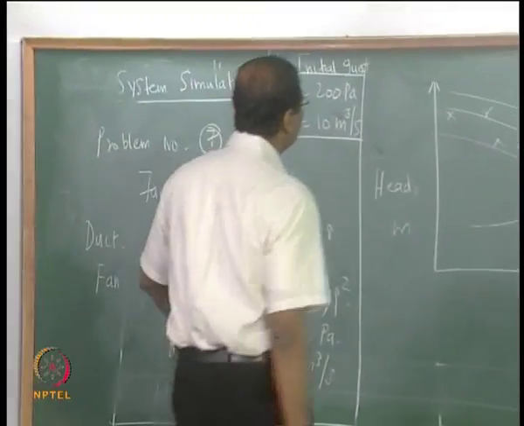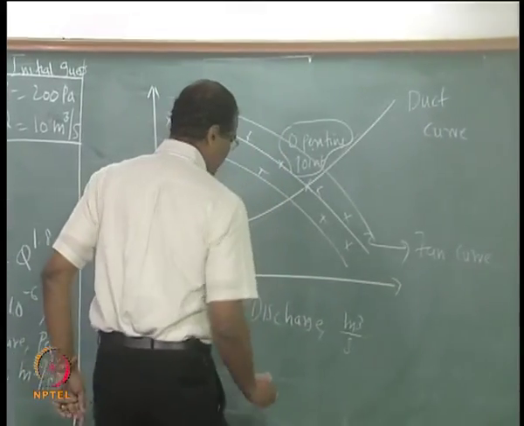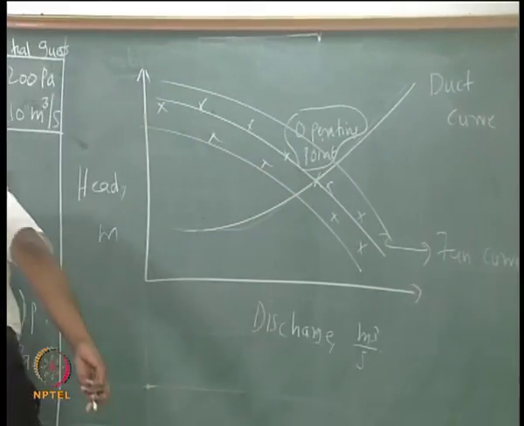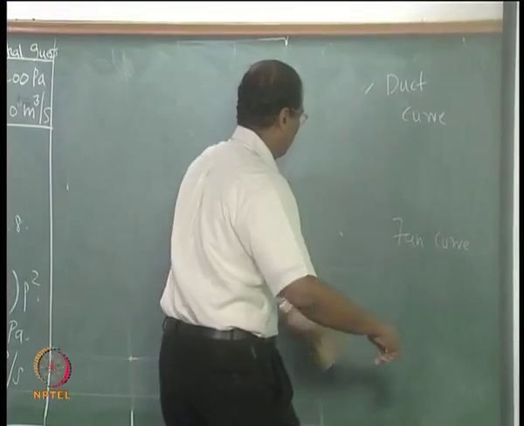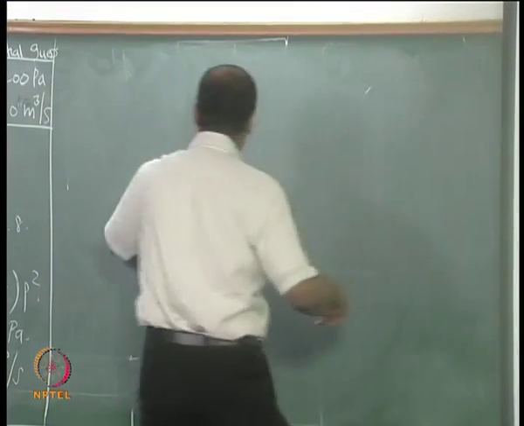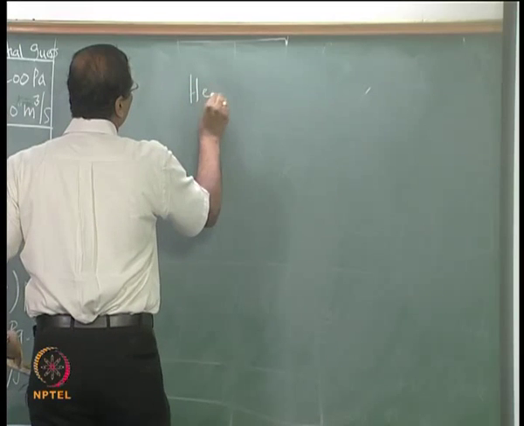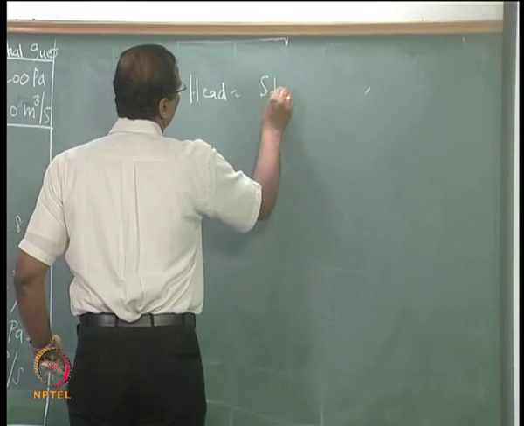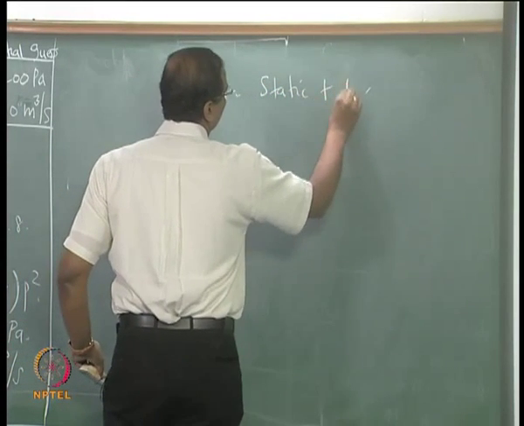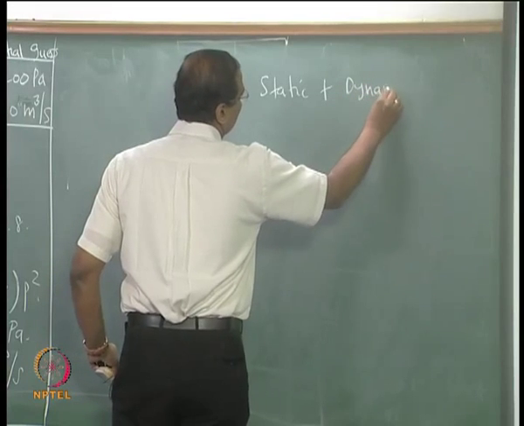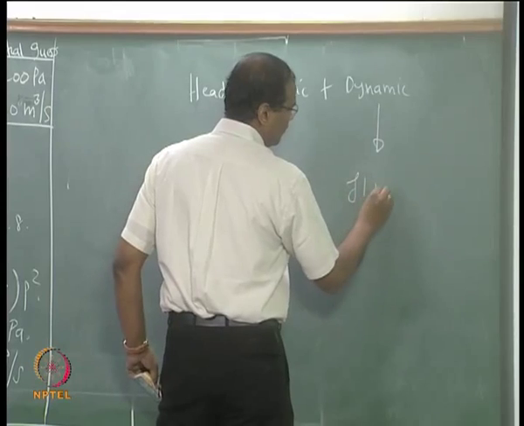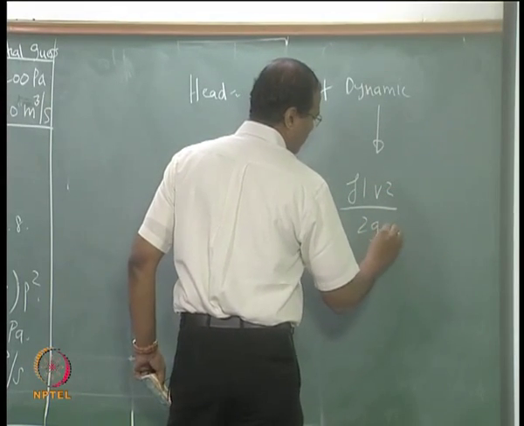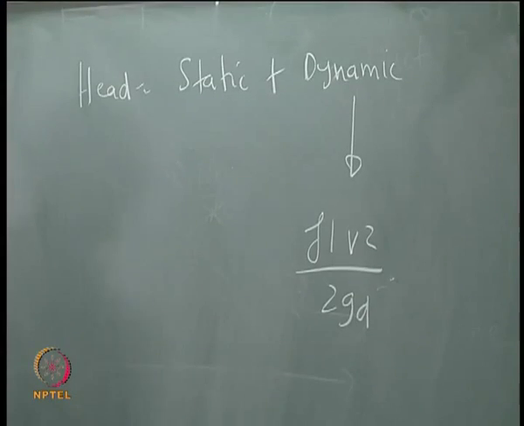What is it actually? That P is the head, right? Shall I erase this? So head, so this dynamic, what about this F itself?